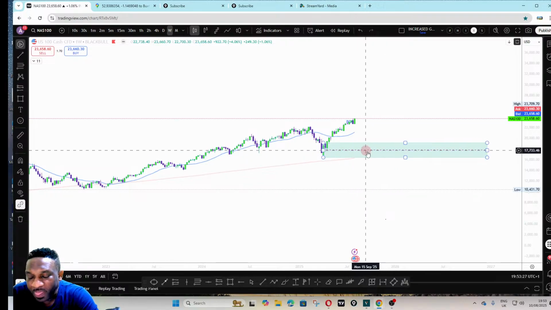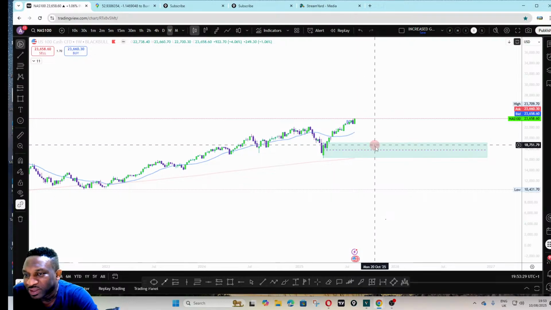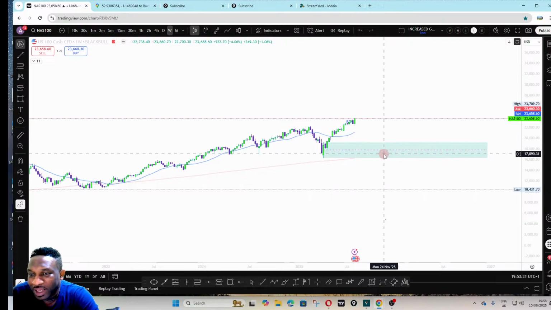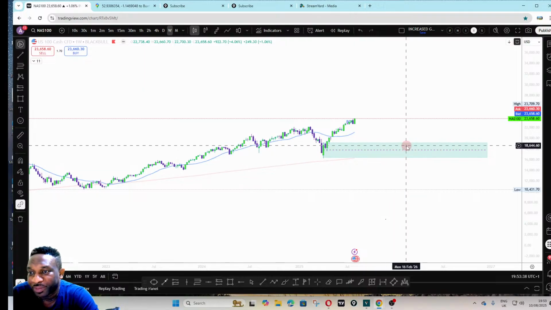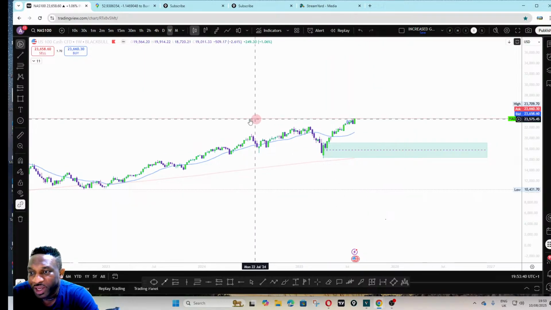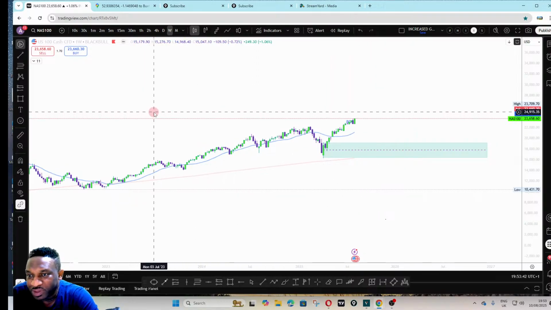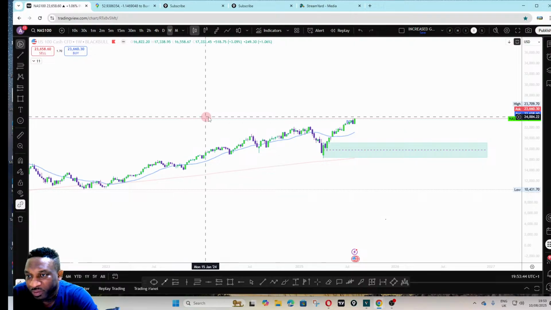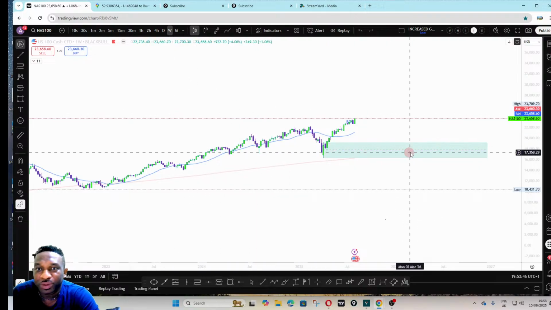So for instance, anytime price gets into this zone and gives you any buy setup, you are, with all confidence, wanting to take a trade from here. The same way, if we have a previous key area here, we want to be marking that. So this is a weekly zone that we've just put there.